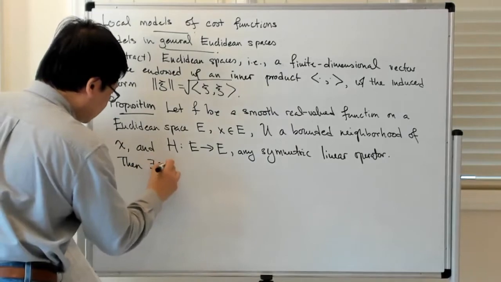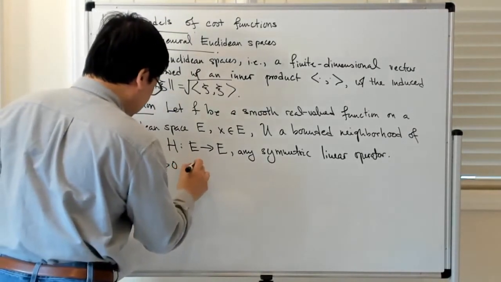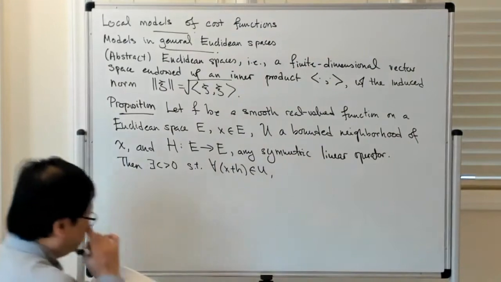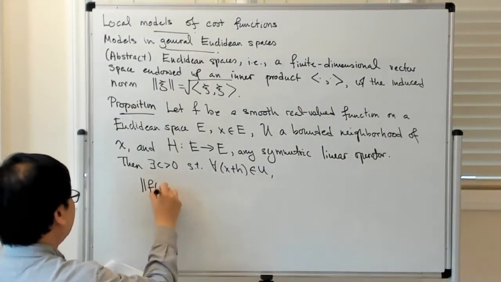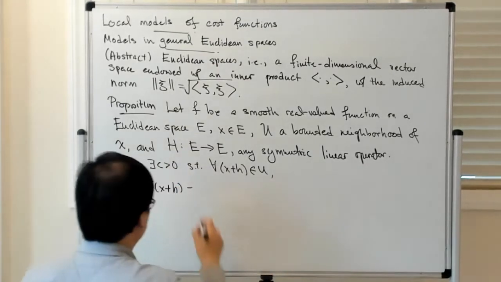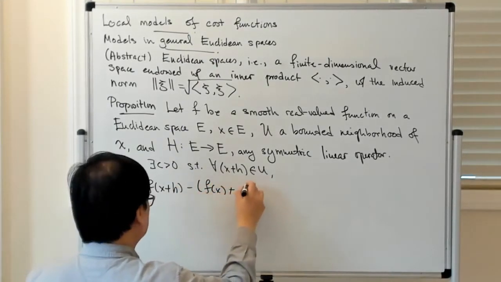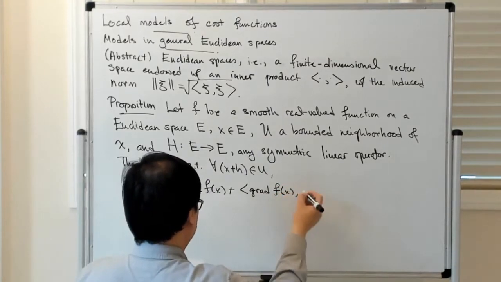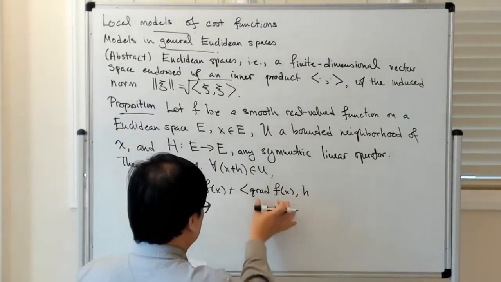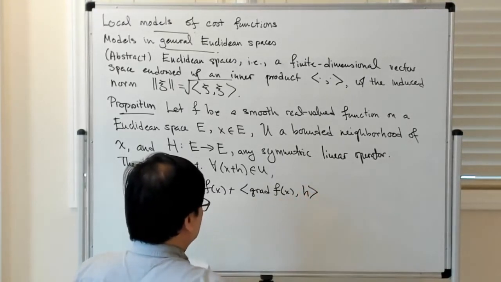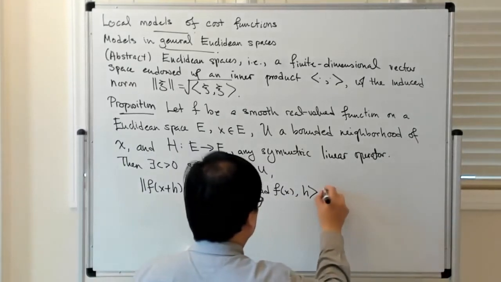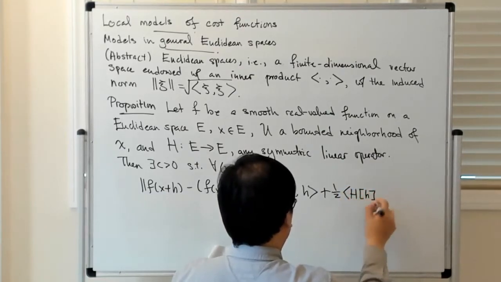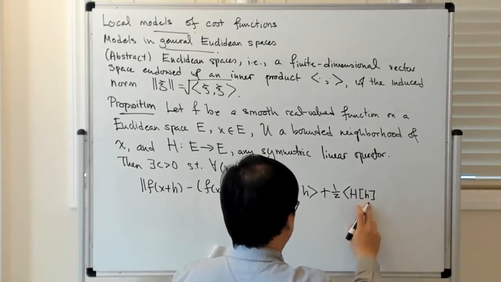there exists, again, a constant greater than 0, such that for all x plus h which is in U, as before, the difference between f at x plus h and some sort of model of it, f of x plus the gradient of f at the point x paired, that is, the inner product between that and h, plus 1/2 H applied to this vector h.